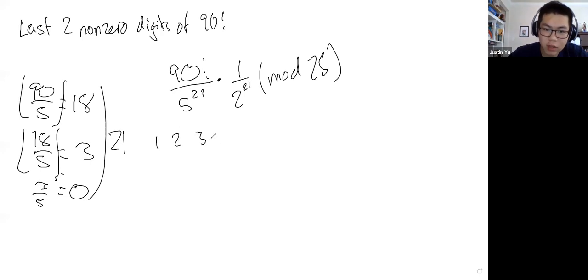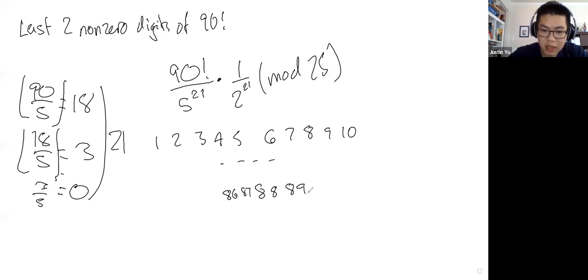So 1, 2, 3, 4, 5, 6, 7, 8, 9, 10, and then all the way up to 86, 87, 88, 89, 90. What I can do is get rid of the 5s from each of these. This becomes 1, this becomes 2, all the way up to 18 right here.